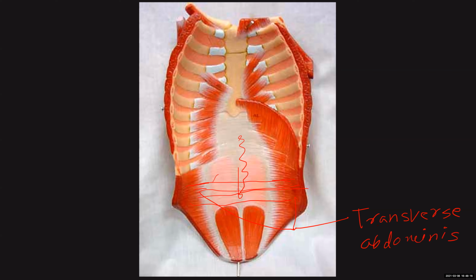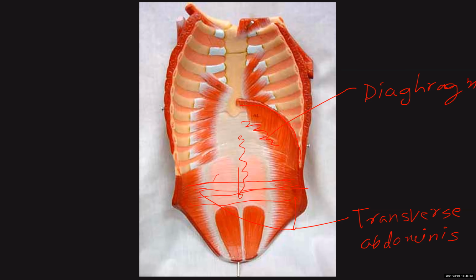And right there, the dome-shaped muscle is the diaphragm. Diaphragm will be visible also when we are looking at the full body from anterior aspect. So this is the posterior part of the chest plate.